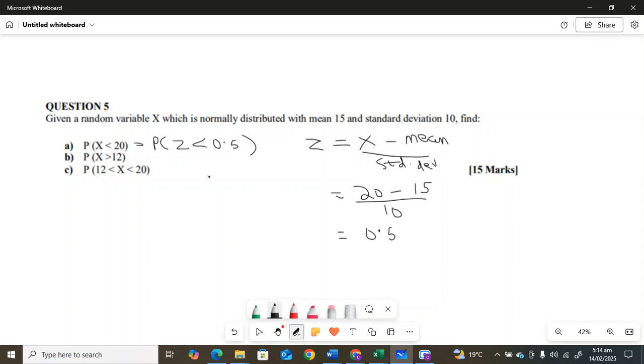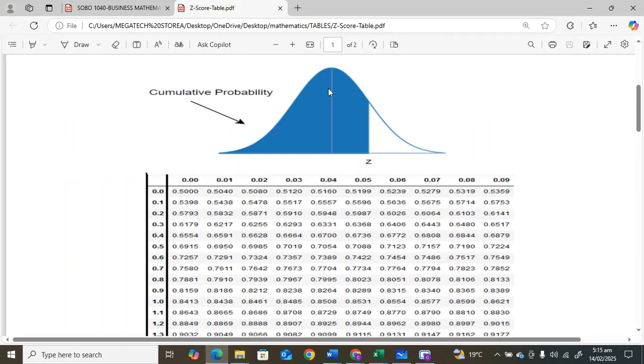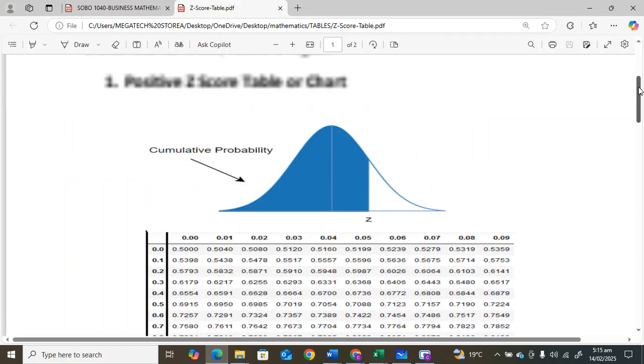Okay, our x has become a z, meaning it's been standardized, and this 20 becomes this 0.5. So as we can see, the sign is pointing to the left, and we're using the area to the left table.